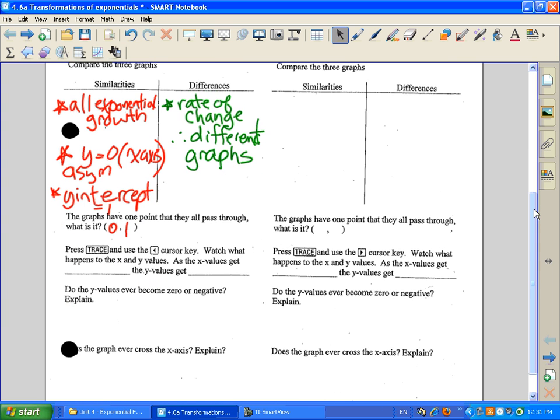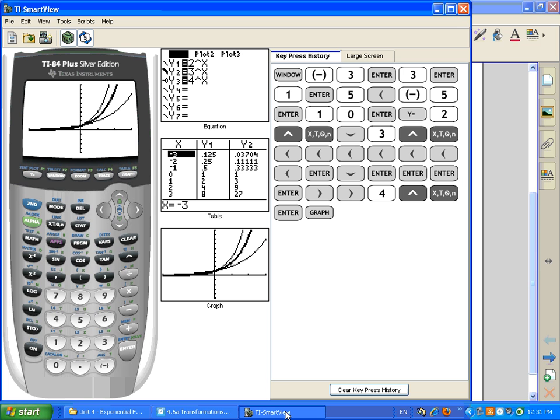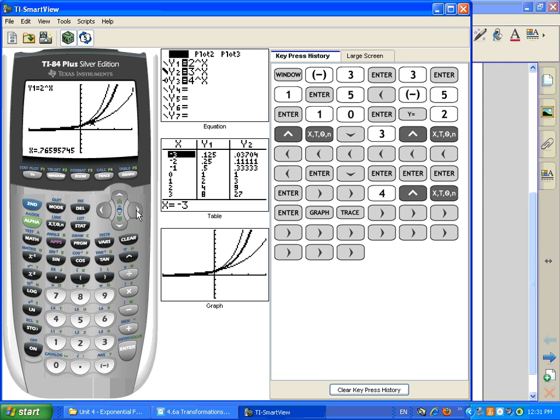It says press trace and we got the wrong arrow here. My fault. Let's fix that. Let's press that arrow button. Okay, so we go to the right and watch what happens to the x and y values. Okay, so let's go to the graph and do that. So if I press my trace and then this button, as x increases, what's happening to y, guys?